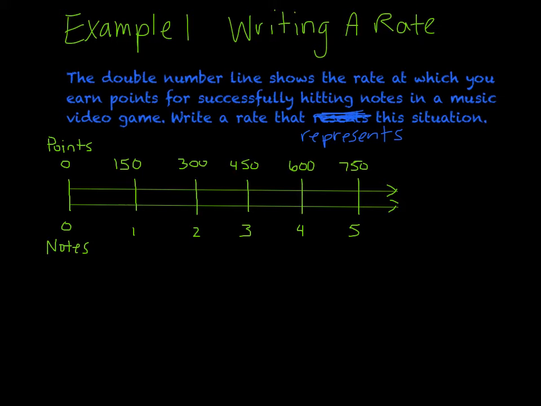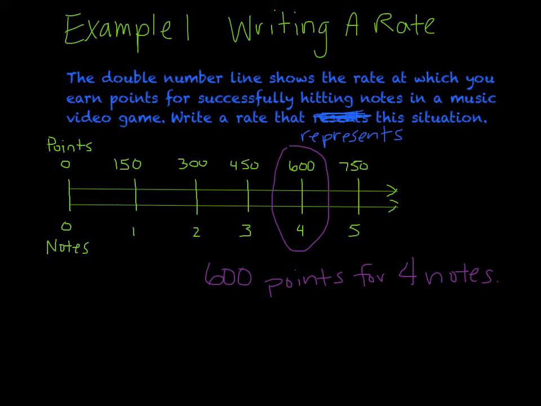So the example that we're doing is writing a rate. One possible rate that we could write would be something like this. We could focus on this. So it would be written like this: 600 points for 4 notes. That's one possible one.